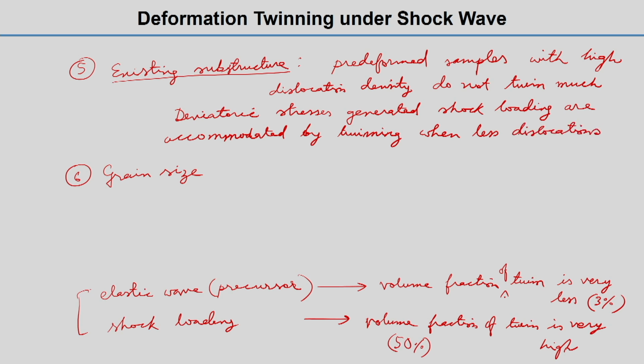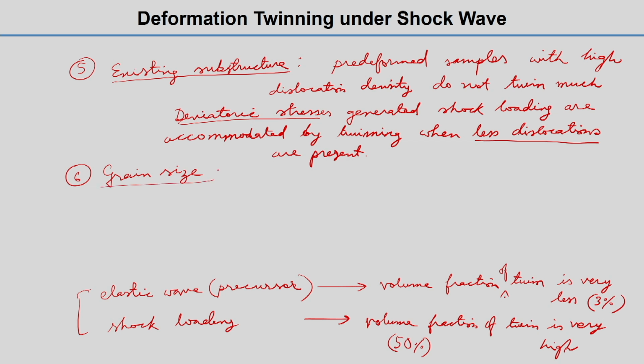Less dislocations are present. So that, I hope you understood it. So what happens if less dislocations are available, then the deviatoric stress will contribute to twinning, but when there are more dislocations, then the deviatoric stress will contribute to motion of the dislocation. That means dislocation slip will dominate if you have higher dislocation density.